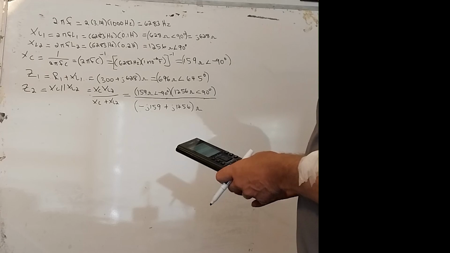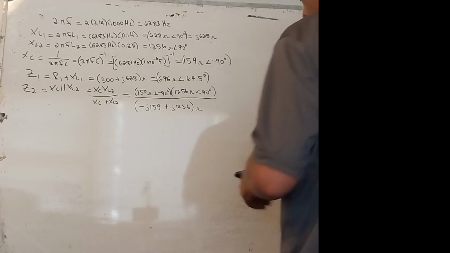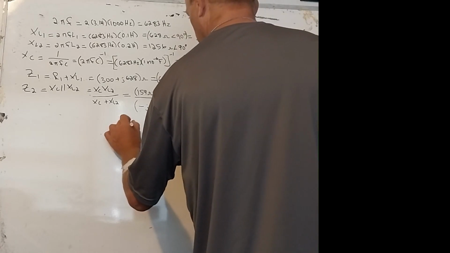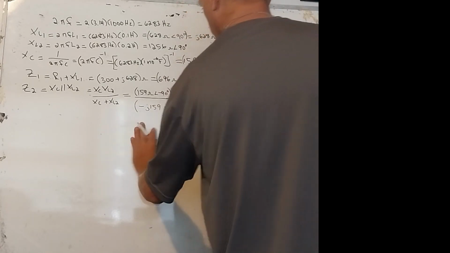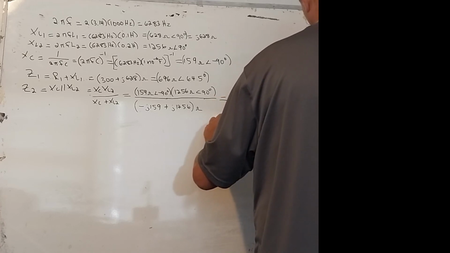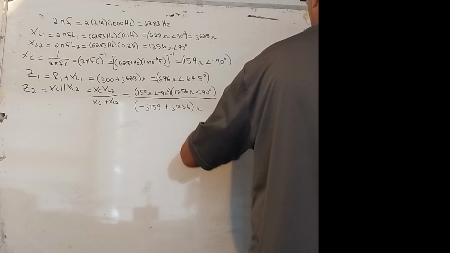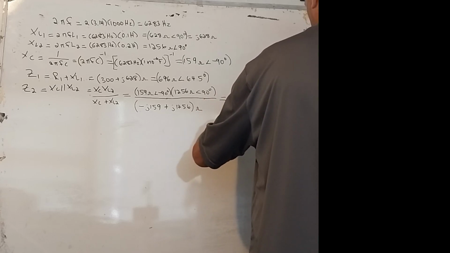So 1256 minus 159 is going to be equal to, I'll put it over here, 1097. And that's positive, so we're at an angle of 90 degrees.